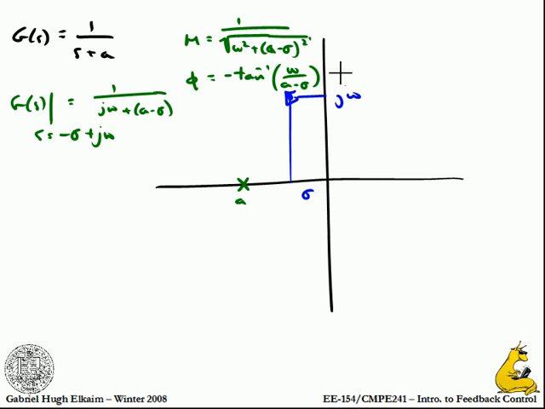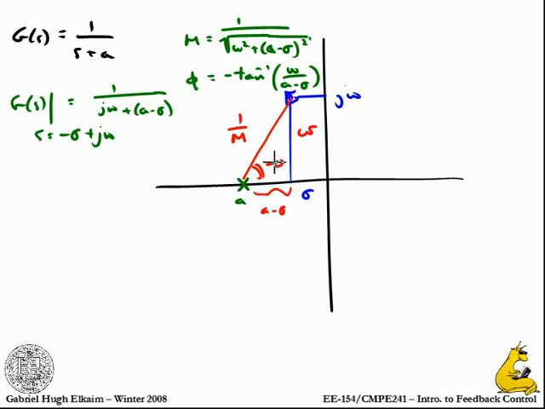Okay? So now, this is A minus sigma. That is omega. This length is now what? What does this length correspond to? 1 over M. What does that angle correspond to?